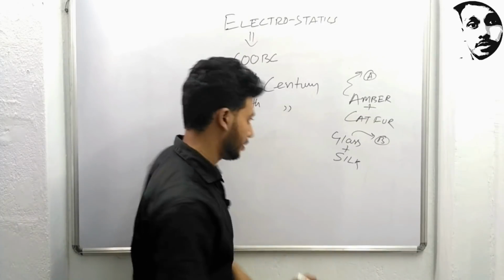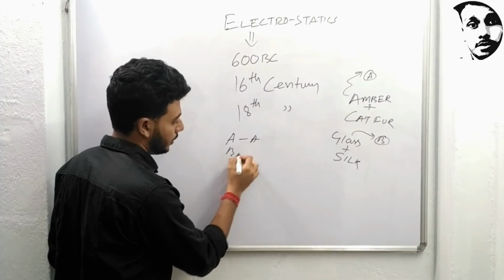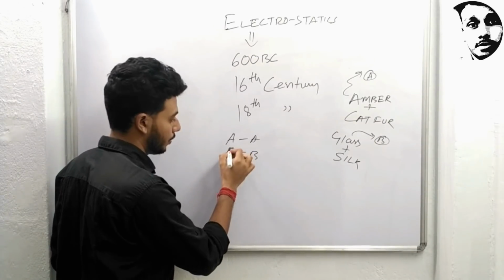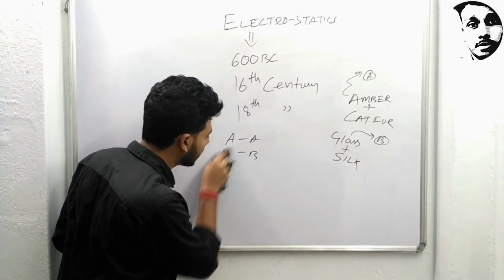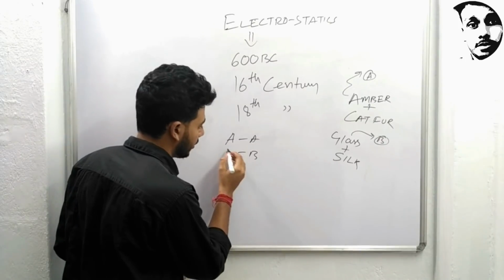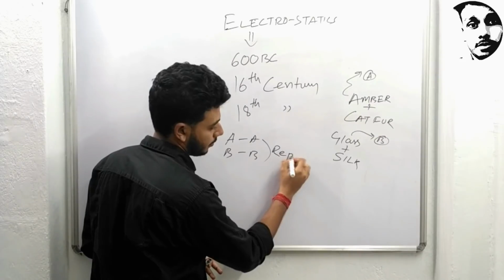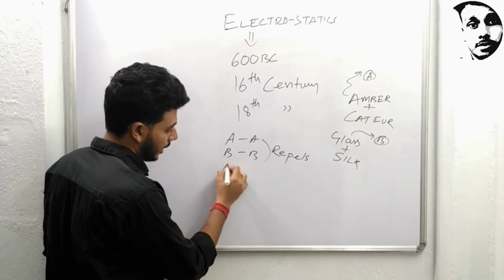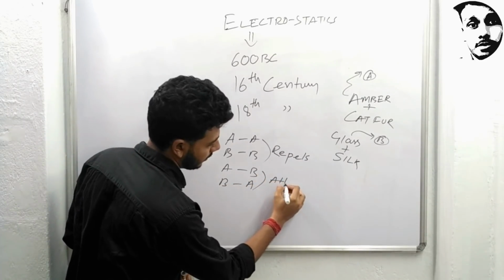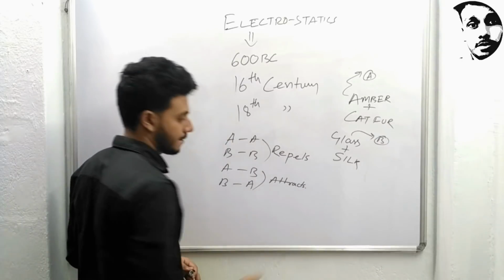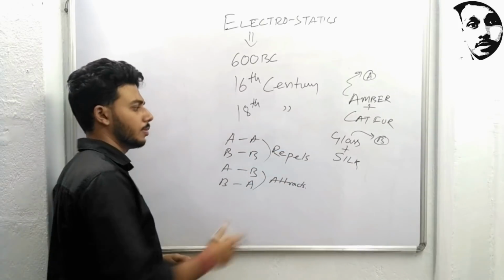Now is the time for the observation results. According to them, A and A, as well as B and B, repel, whereas A and B, and B and A, attract. So what is the conclusion of this phenomenon?